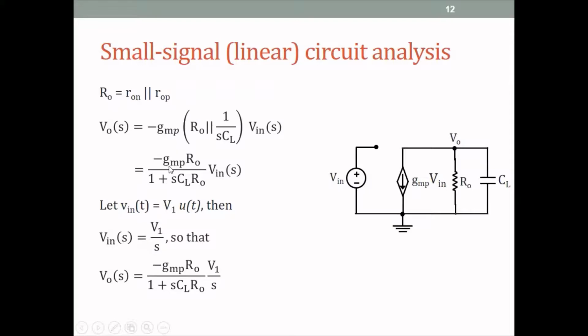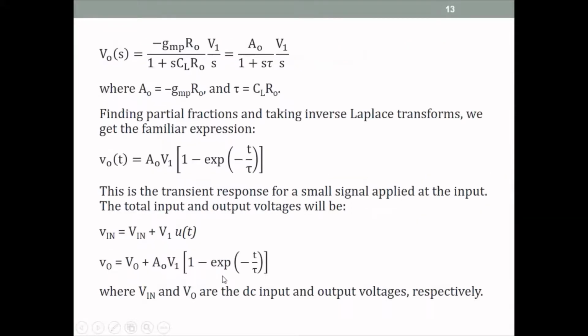It's all straightforward. If the input is a voltage step, V1 times a unit step function, then the Laplace transform is V1 over S, and we can write VO as the transfer function times V1 over S.